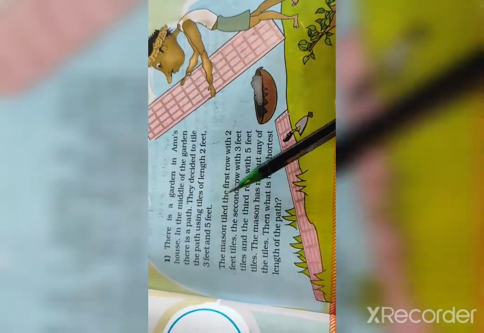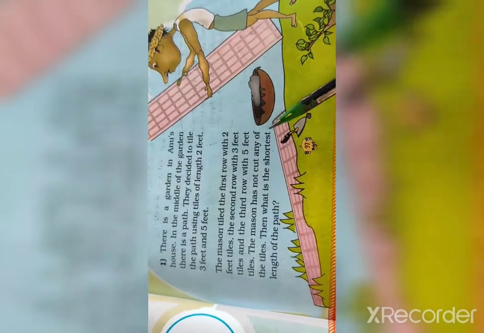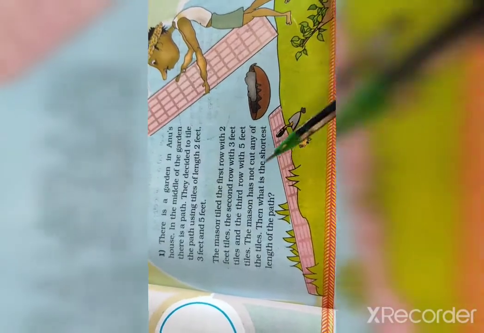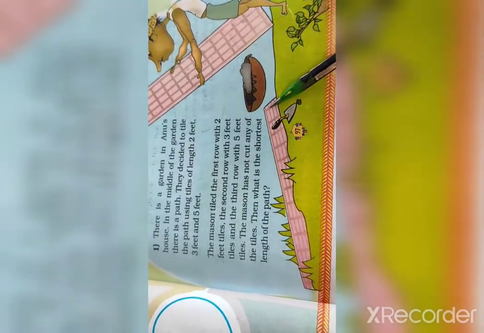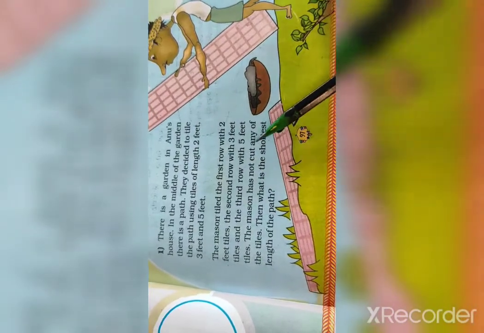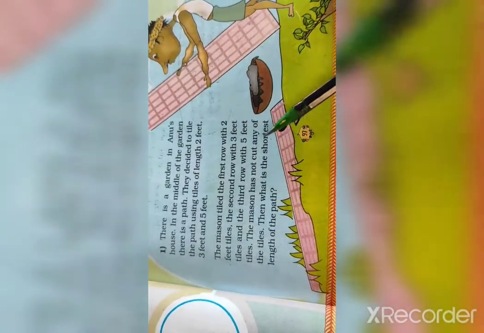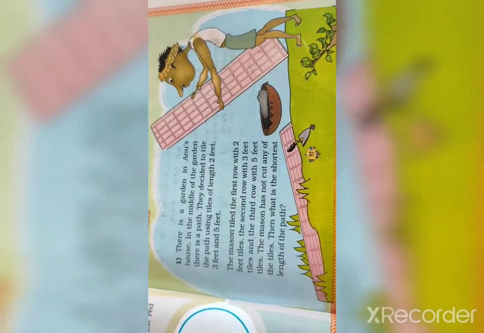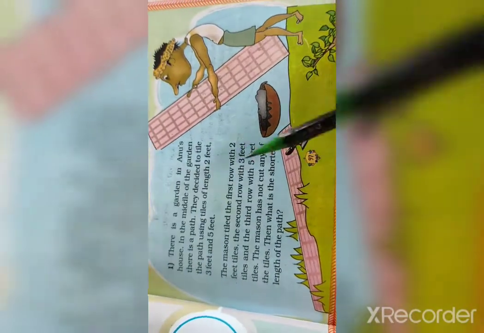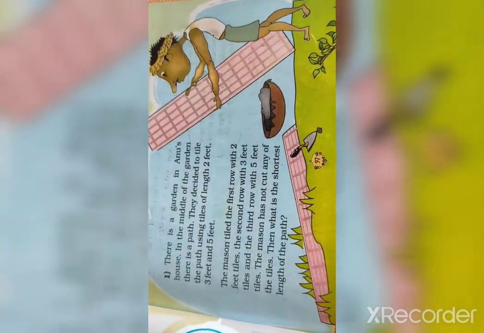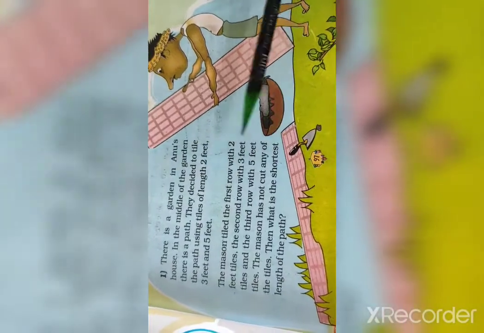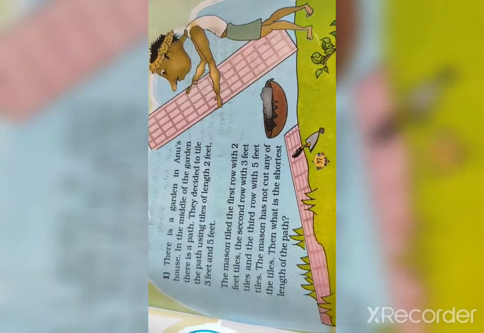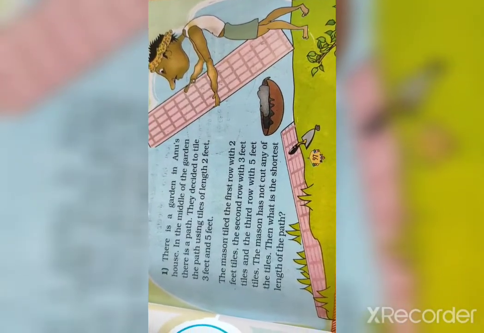The mason tiled the first row with 2 feet tiles, the second row with 3 feet tiles and the third row with 5 feet tiles. The mason has not cut any of the tiles. Then what is the shortest length of the path? So here I will teach you the LCM method. Whenever it is about tiling types or the shortest length, we always find the LCM. Now I will teach you how you can find the LCM by two different methods.